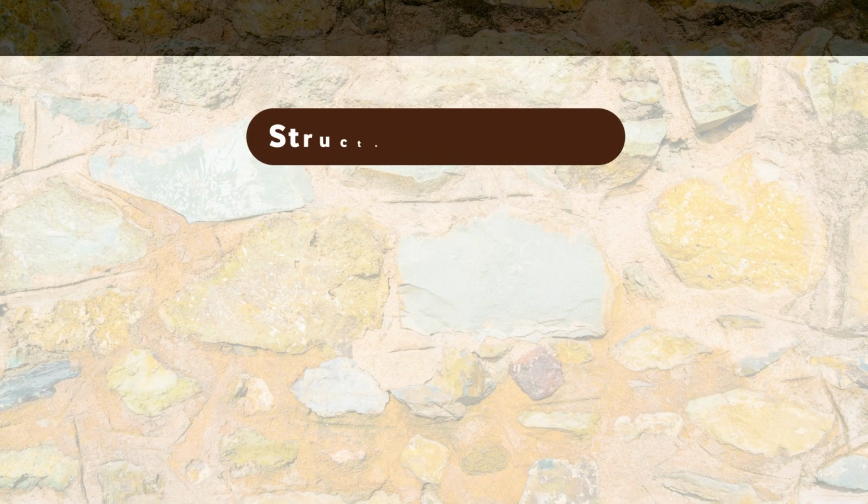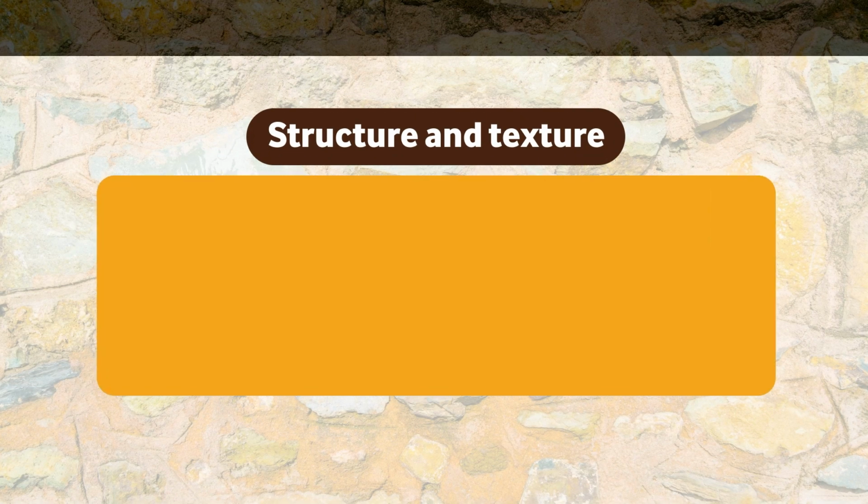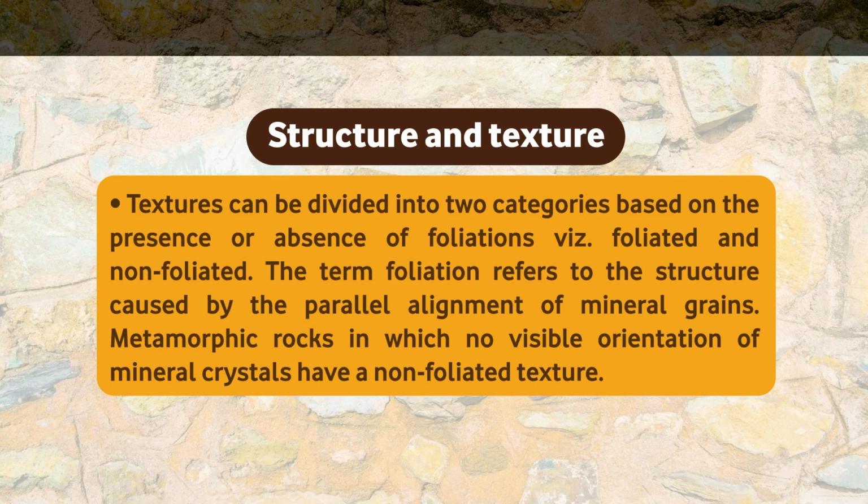Based on structure and textures, metamorphic rocks can be broadly categorized into two varieties by the presence or absence of foliation: foliated and non-foliated. The term foliation usually refers to the structure which is caused by the parallel alignment of mineral grains.